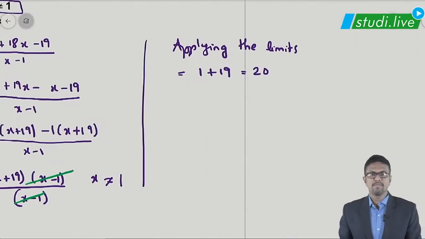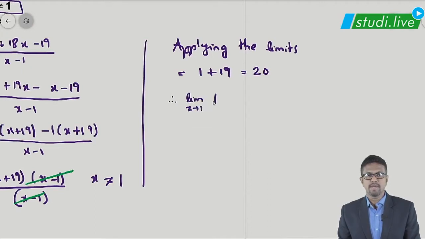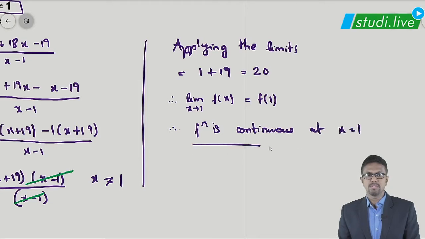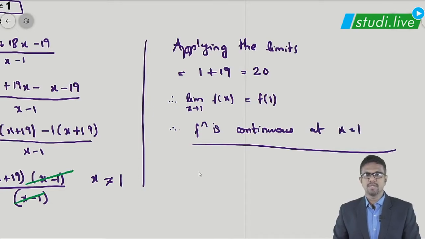So definitely we can say therefore limit x tends to 1 f of x is equal to the value of f of 1. So the limit value is equal to the function value. Therefore the function is continuous at x equal to 1. So this is how it is. Hopefully this question is clearly understood by everyone. Let us now go to the next question.